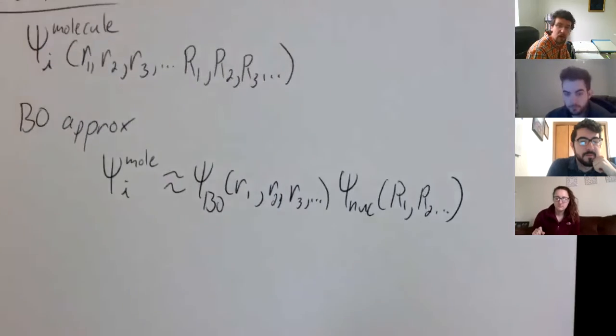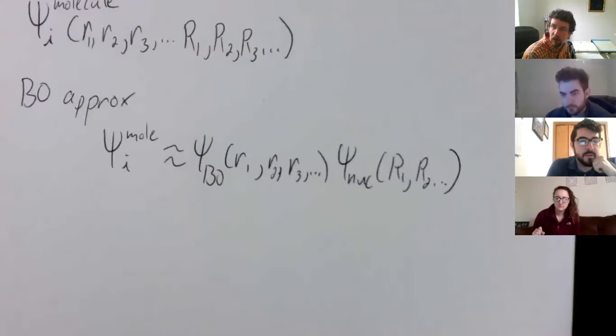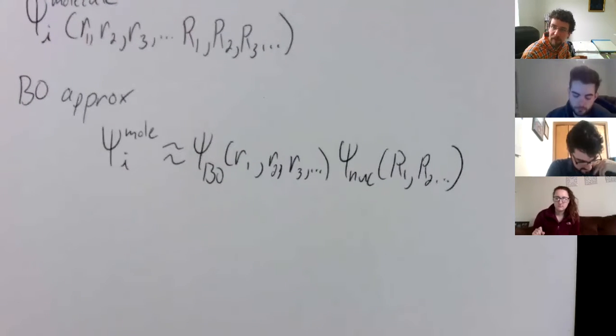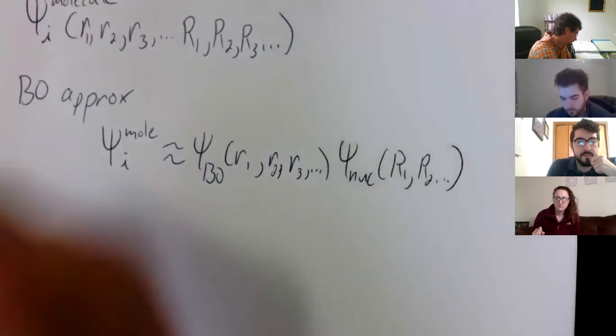Okay, so now I'm going to write some terms out. We're going to write out the Hamiltonian for the system, and I want you to identify what each of these terms are. What are they describing?